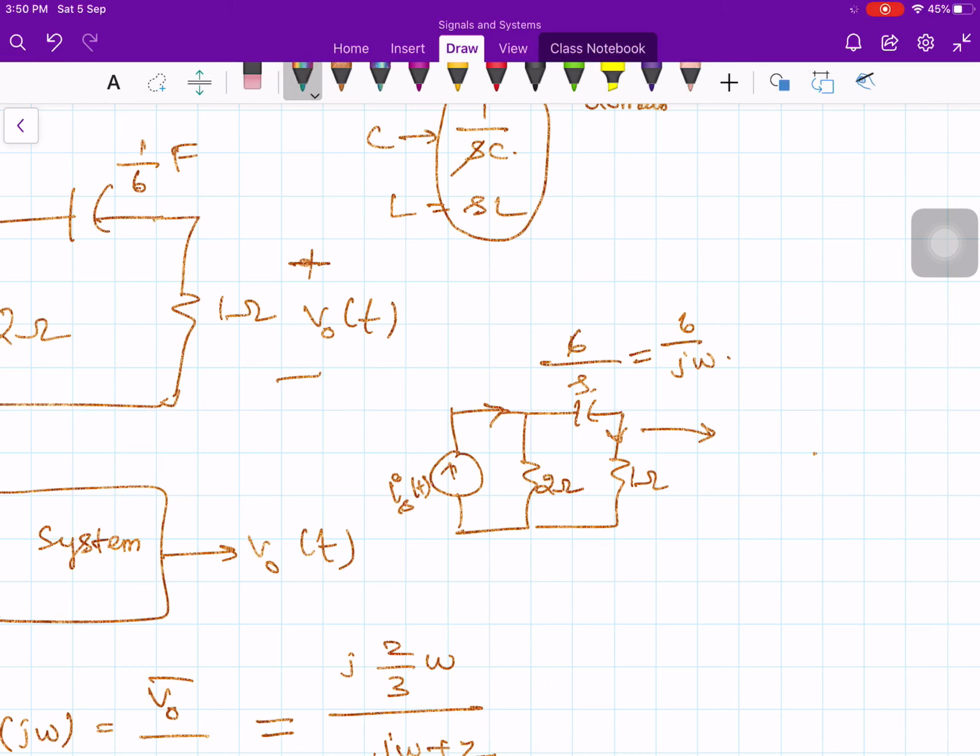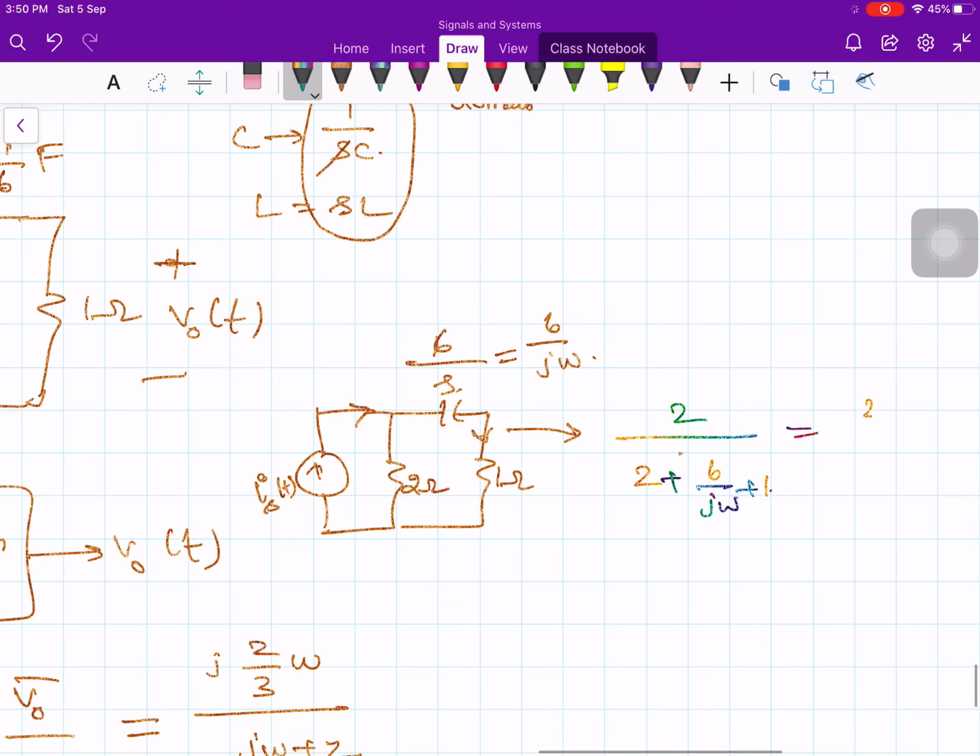So the current flow is opposite resistance 2 divided by total resistance 2 plus 6 by j omega plus 1. So this is 2 by 2 plus 1, 3 plus 6 by j omega. Now what is the voltage developed? Current times resistance. What is the current? 2 by 3 plus 6 by j omega times the resistance 1 ohm.